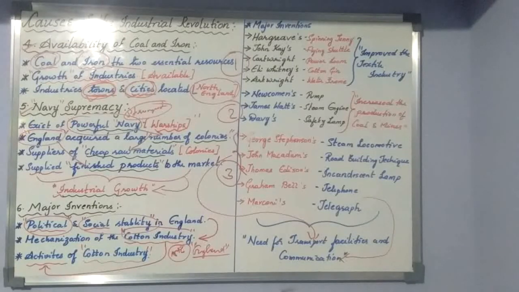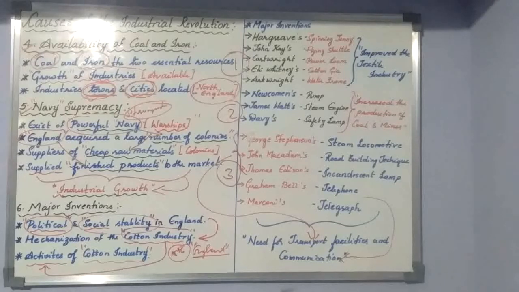So the Industrial Revolution grew to a greater extent in England, and England slowly became one of the strongest nations in the world, using various warships.